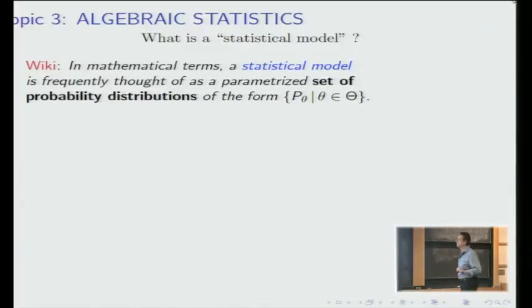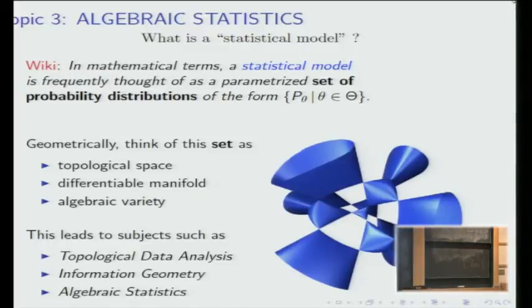But I will mostly talk about discrete things. So here's a cartoon for a statistical model. Think of this as a representation of the parameter space, and for each point in this blue parameter space, there's a probability distribution. Okay?